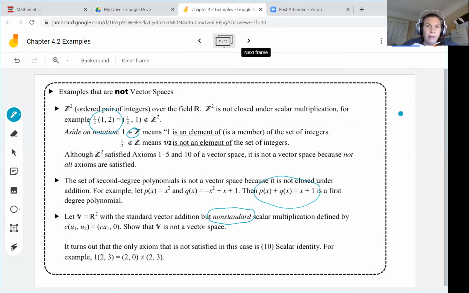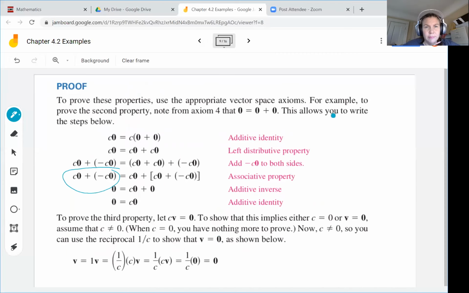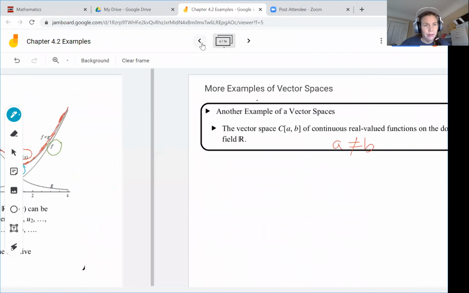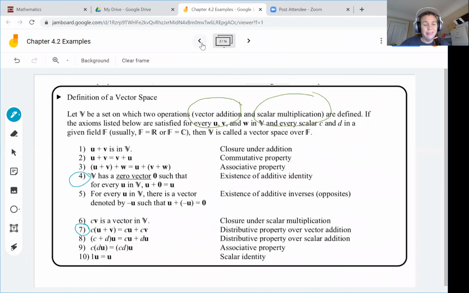What would that fail under? The 10th axiom is not going to be satisfied by this set. You're not going to be able to have a scalar identity there.